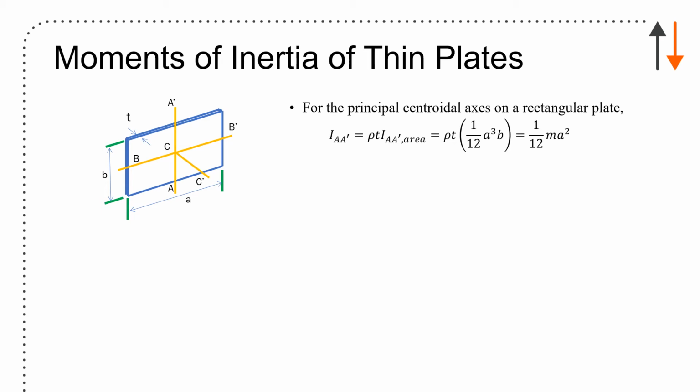So the most important relationships we can deal with for larger 3D objects are things like thin plates, principal centroidal axes on a rectangular plate. So we have here AA', BB', CC', same sort of thing. I_AA' is 1/12 m a squared. a is this distance right here.